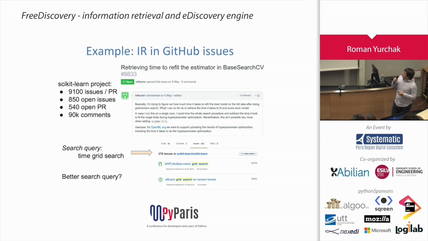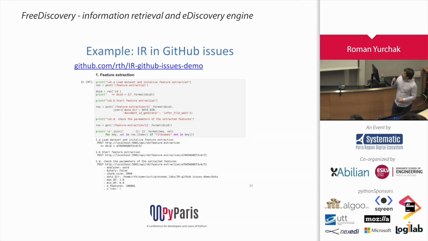So let's take, for instance, this GitHub issue, which is about the time to refit the estimators in cross-validation. If we don't have a very good knowledge of the project, we're not really sure what the right keywords are to search for similar issues. So we could, for instance, search for time grid search, and we get almost 300 results.